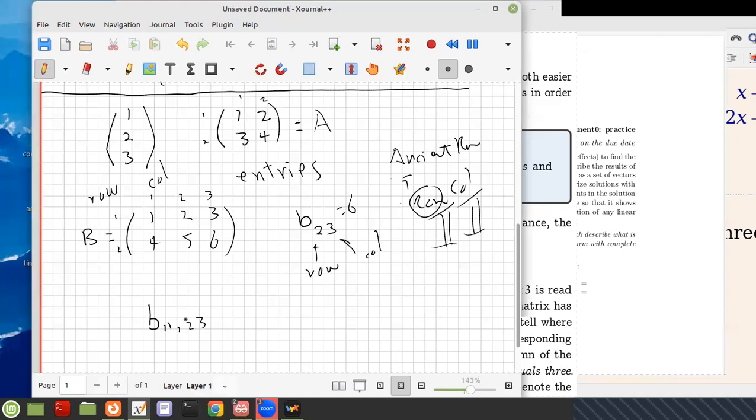Some people out of purity want to put a comma in here, but these commas then appear everywhere. Once you get used to this, you read this as B23, or in your mind as B2, 3.